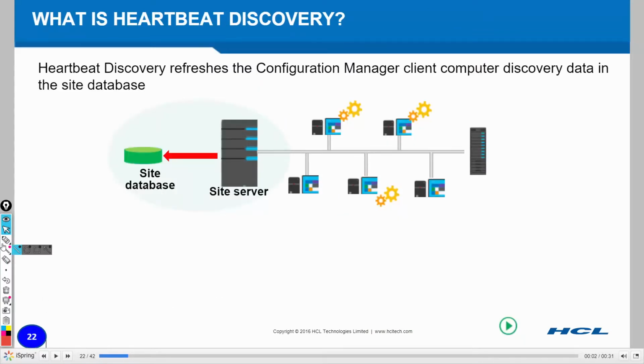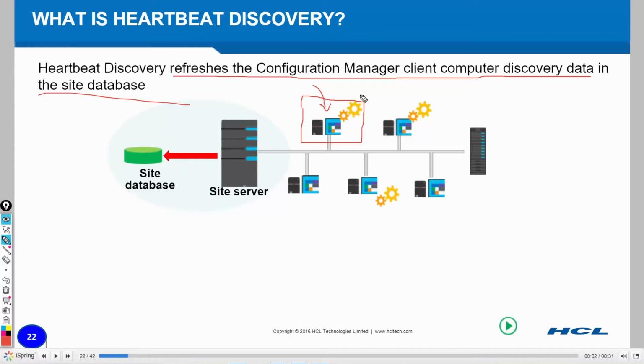Then heartbeat discovery. Heartbeat discovery refreshes the Configuration Manager client computer discovery data in the site database. For example, if we have installed the SCCM agent, the Configuration Manager client, on one of our client machines, it will keep a heartbeat with your site server, with your SCCM server, that whatever agent is here, it is keeping contact with your SCCM server.